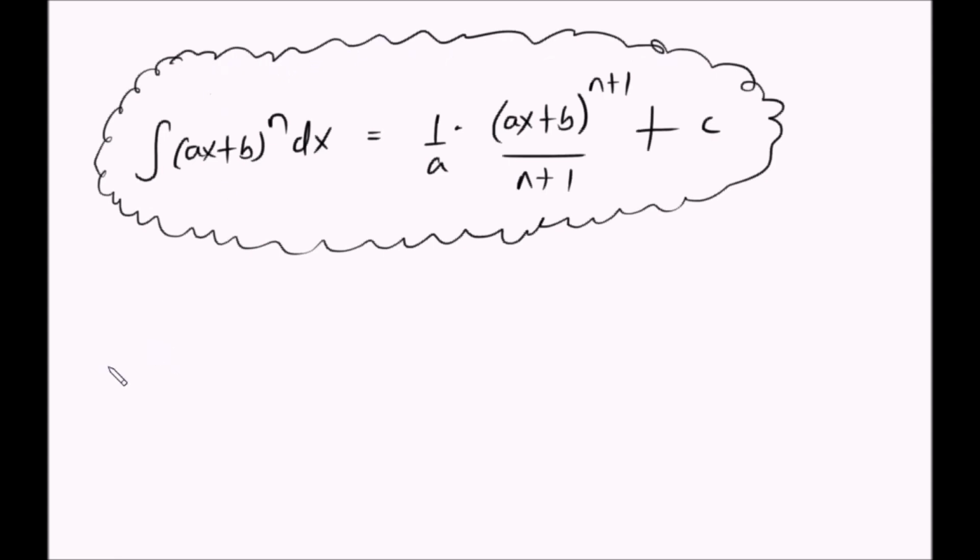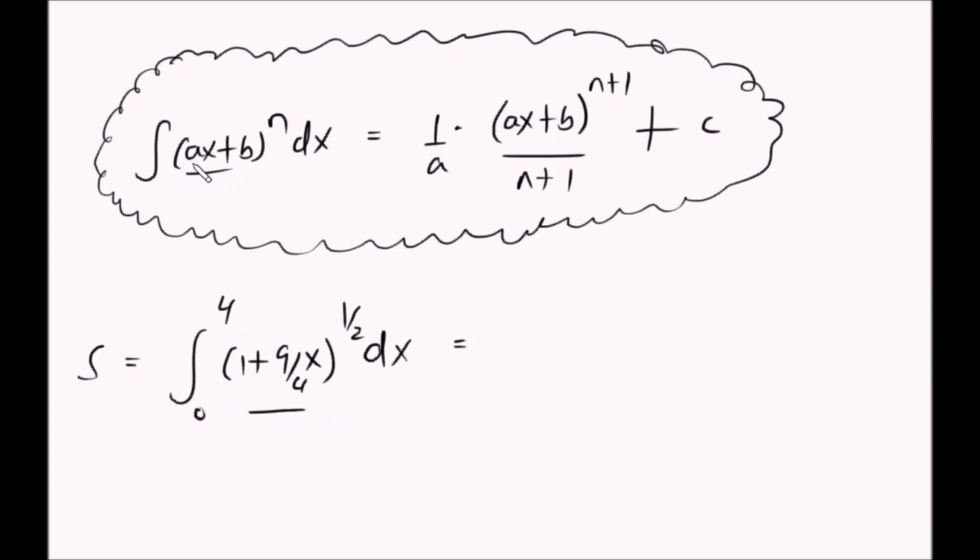So what do we want to integrate here? Our S is the integral of 1 plus 9 over 4x power half with respect to x from 0 to 4. So it is like this. ax means 9 over 4x, so 9 over 4 is a, and b is 1.